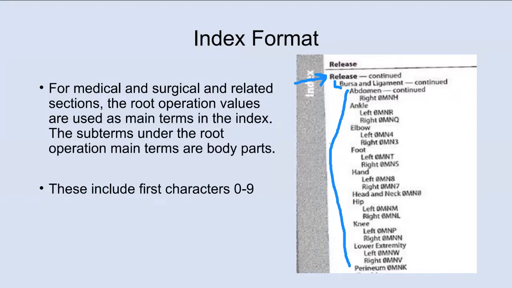So you have ankle left, 0MNR, ankle right, 0MNQ. So these include the first characters 0 through 9. That's for the medical and surgical section.